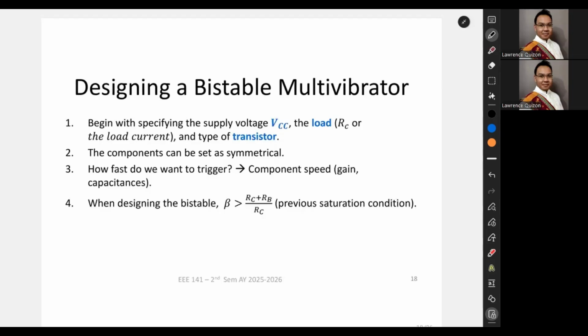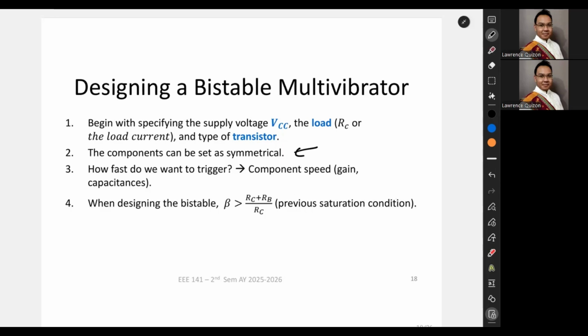So we take note of the required supply voltage and the load, both depend on the application and the type of transistor. Now, the components can be set as symmetrical in a bistable multivibrator because we typically use it as a memory circuit. We don't use it for timing.